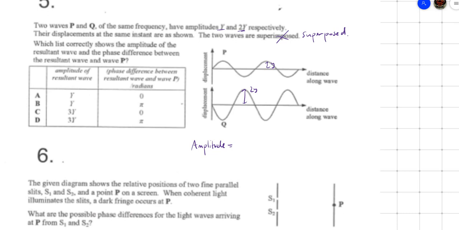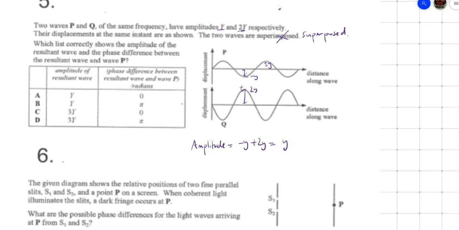So you can actually do the maths. This is y, so that will be the amplitude, that will be minus y, this is positive 2. So minus y plus y, so this just gives you y pretty much.